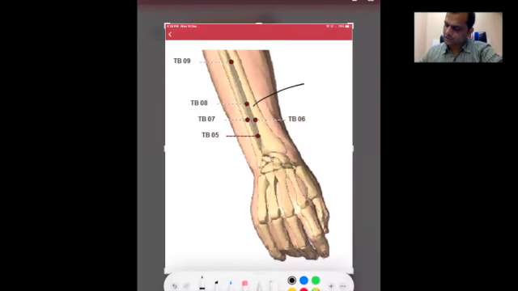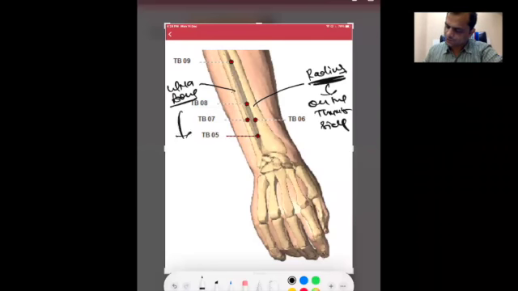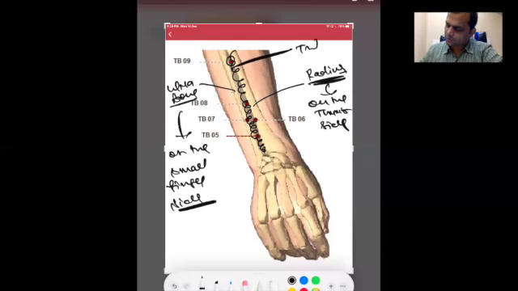This is the radius bone, and this is the ulnar bone. The radius bone is on the thumb side. The ulnar bone is on the small finger side. In between, we have one depression. In this depression we have our triple warmer meridian.